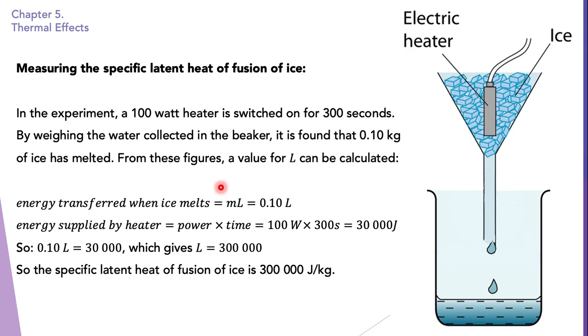So we hide the L sign, and what we will get is energy transferred divided by mass. So this is how we rearrange the equation. We divide energy transferred by the mass, and we would get 300,000 joules per kg. So the specific latent heat of fusion of ice is 300,000 joules per kg. This is how we measure the specific latent heat of fusion of ice.